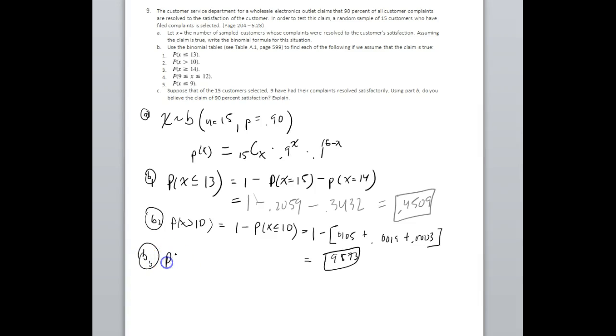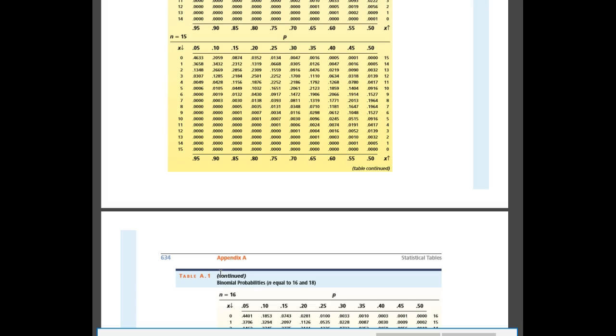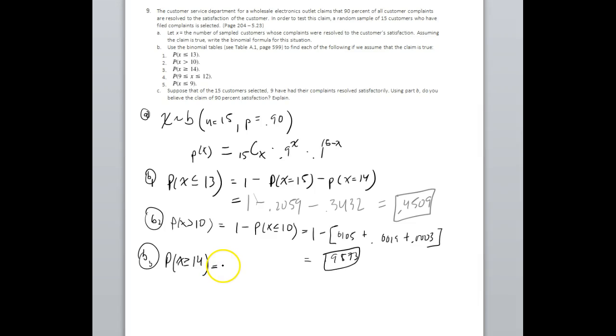B3, probability that x is greater than or equal to 14. So that would just be greater than or equal to 14. We actually have already calculated the complement of that, right? So in B1 we calculated the probability that x is less than or equal to 13.